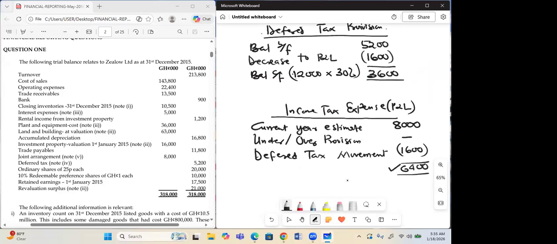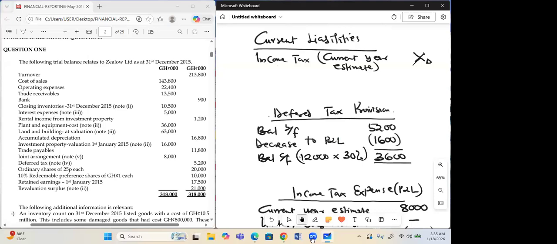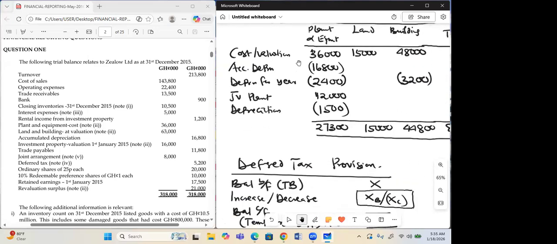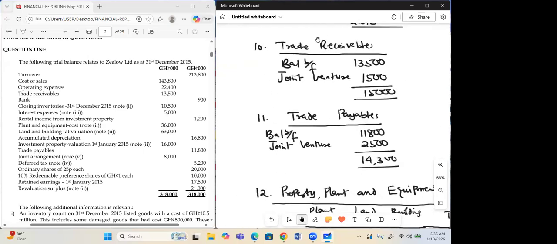So you will see that this 6,400, that's what we entered in our P&L. Let me show you. Let me go up and show you. In our P&L, when we got to income tax, let me take my time and show you.